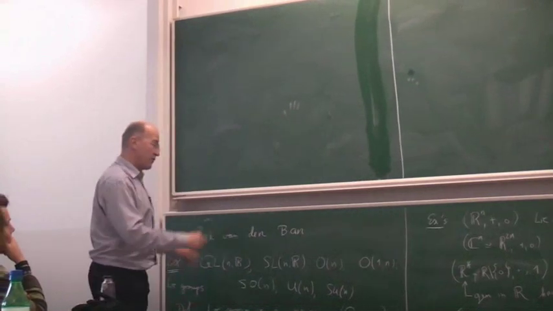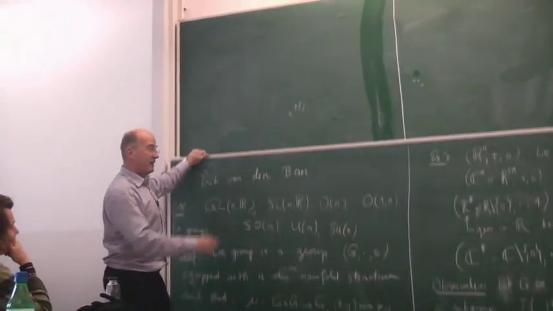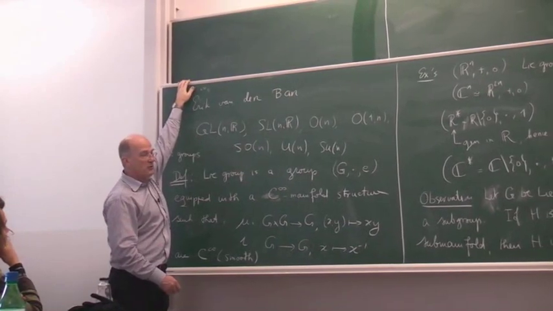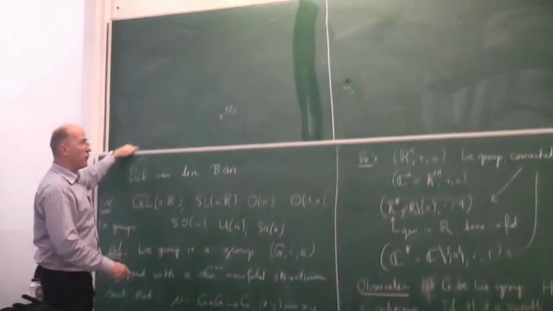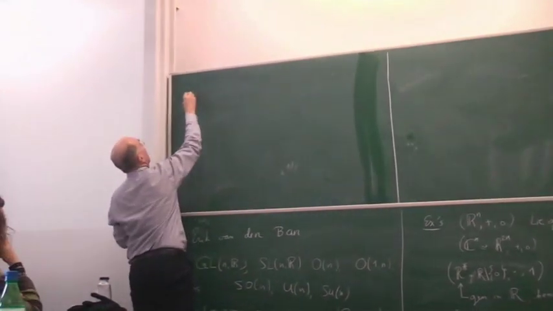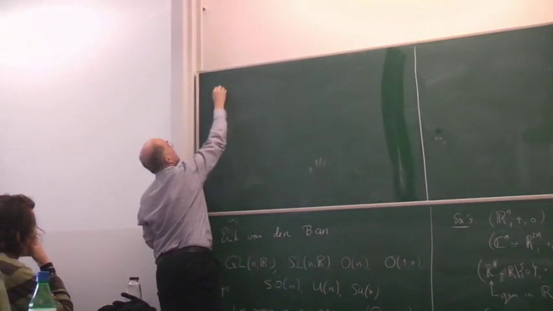Okay, so the observation is that if you have a Lie group and a subgroup, and if this subgroup is a smooth submanifold, then it is automatically a Lie group. And what is the reason for this? What is the proof of this?